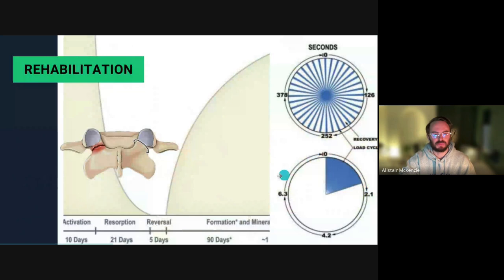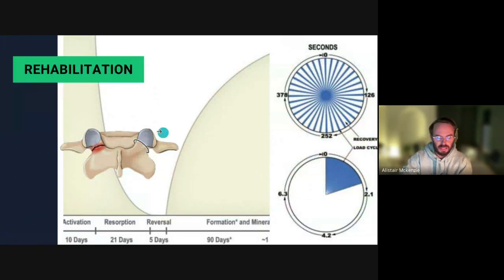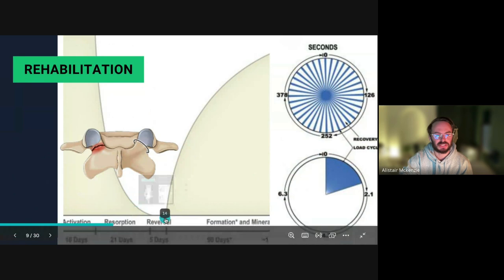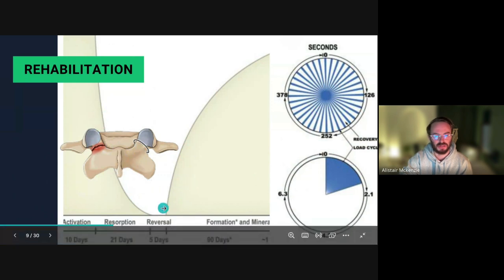From a rehab perspective, what we're looking at predominantly is bone healing and the times at which it facilitates this reversal stage, and then formation starts to begin. Normally fractures happen around midway between activation and resorption, and it's down here that you start to become symptomatic.